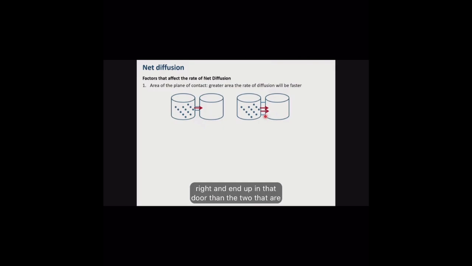And end up in that door than the 2 that are over there end up here. It's just more likely. But if now I make that door twice the size, if I open a garage door instead of that, then that net movement of these bouncy balls is going to happen faster. Okay, so diffusion rate increases with a larger pathway.